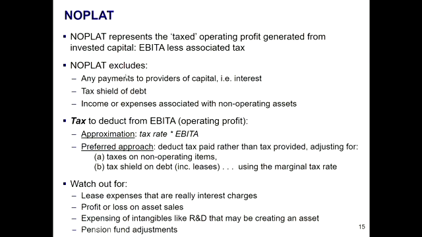Only income and expenses of the operating assets should be included in the calculation. We're going to strip out all of the financing expenses like interest expense. We're going to strip out all of the profit or loss from non-operating operations like disposing assets, disposing equipment, disposing business units, or one-time charges like restructuring charges.